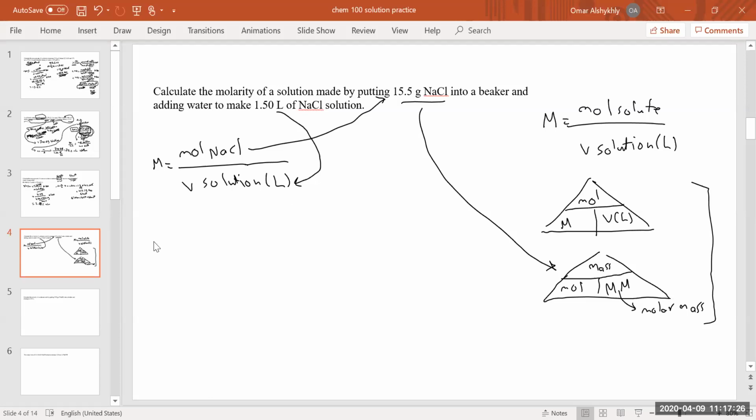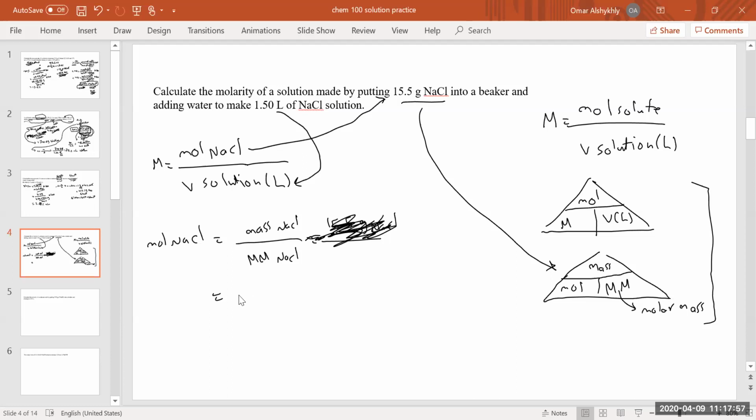So here, mole NaCl will equal what? Will equal mass NaCl divided by molar mass NaCl. The mass here, 15.5 gram NaCl. And let's do it this way, dimensional analysis. So do it here.